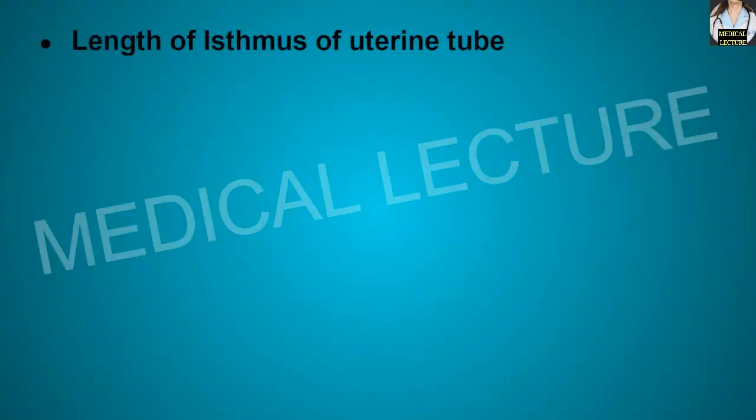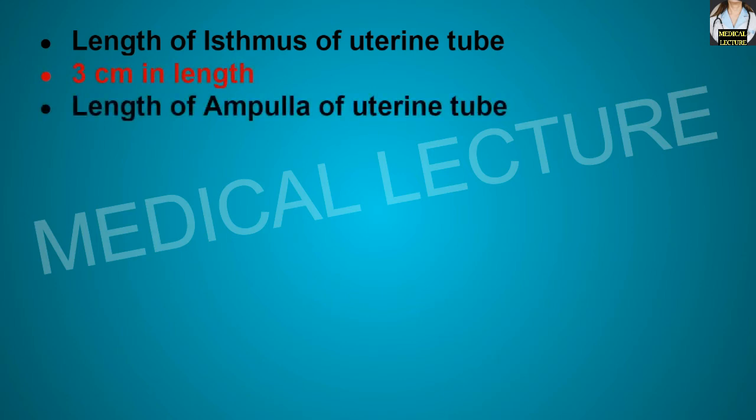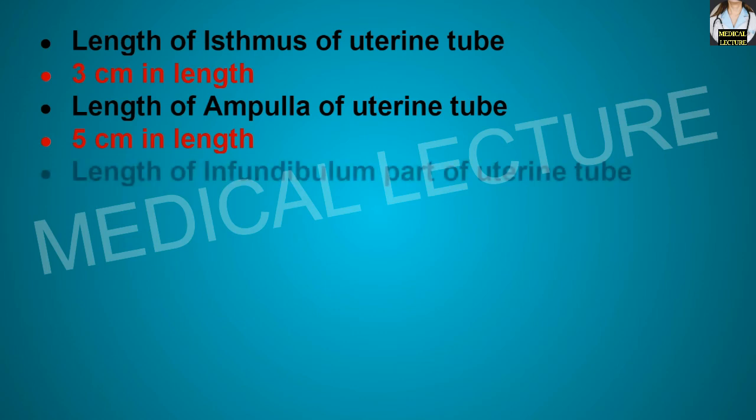What is the length of the isthmus of the uterine tube? About 3 centimeters. What is the length of the ampulla of the uterine tube? About 5 centimeters. What is the length of the infundibulum part of the uterine tube? About 1 centimeter.